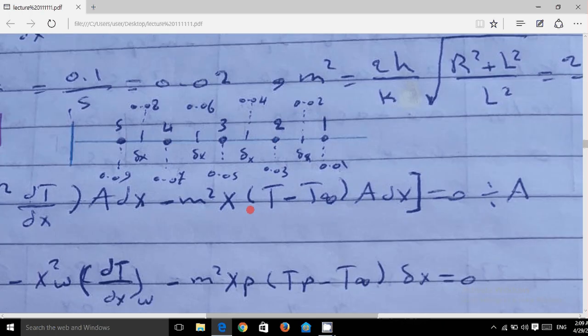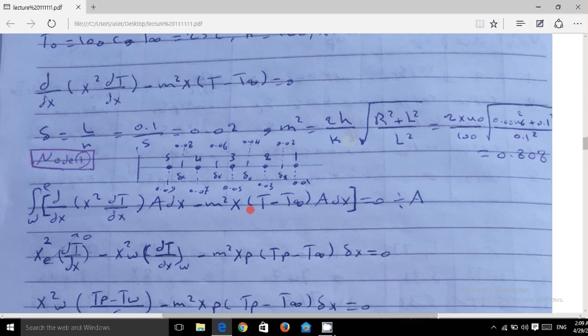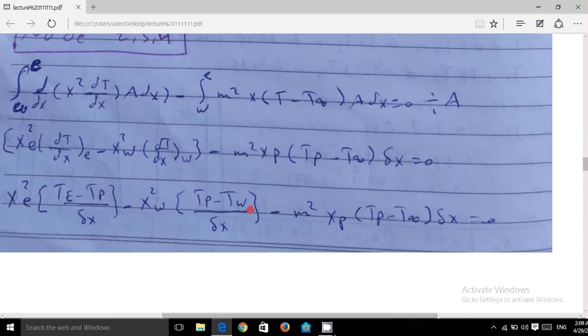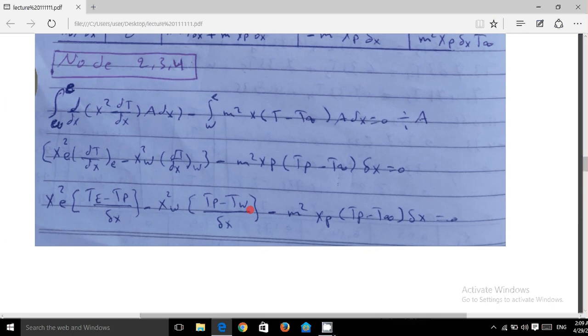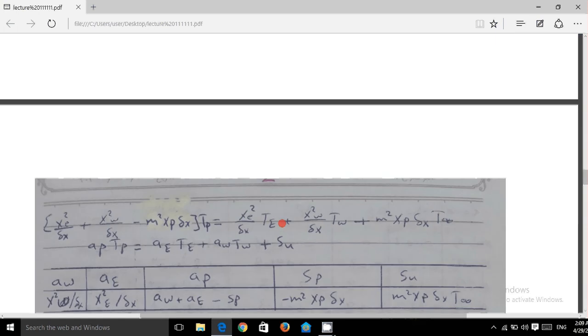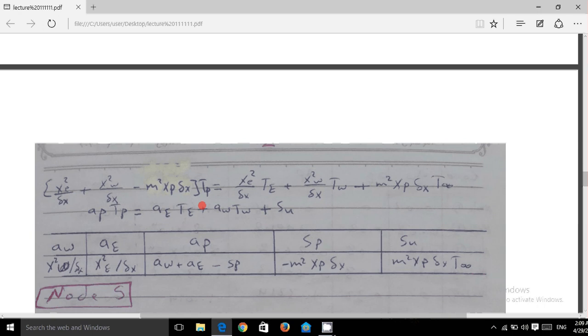I hope you understand what I say. Then I will continue. As usual, we will separate the variables so that T_P is at the left hand side and the others at the right hand side, and then I will write its equation.